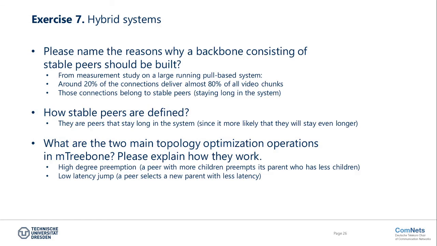And as soon as it discovers another peer whose latency is lower than its own parent, and that peer still has available resources, upload bandwidth to send video packets to another one, then the peer will select the new parent.